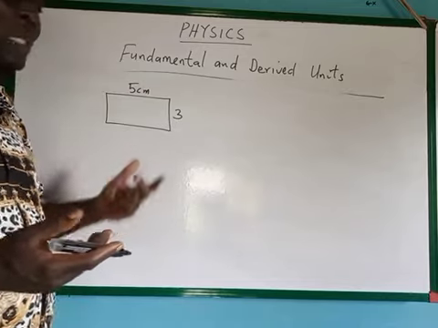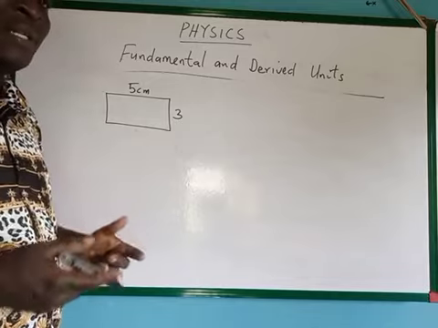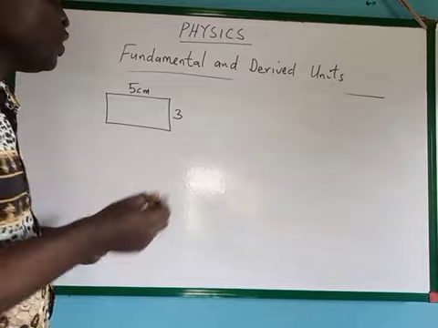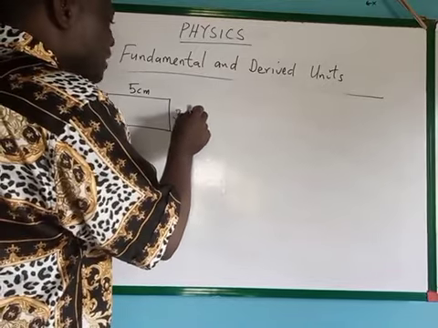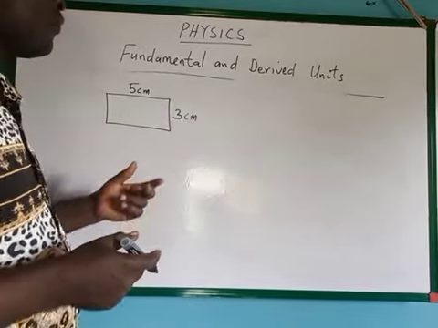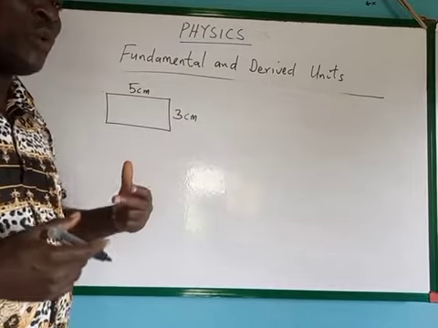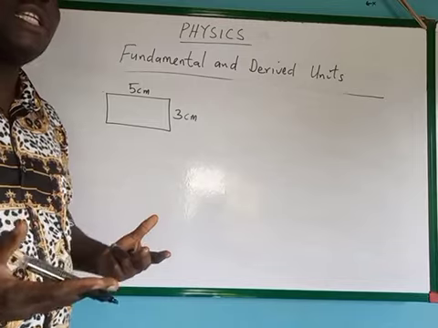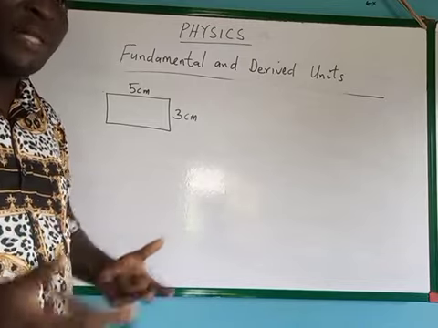The same thing goes for the breadth. If you just write 3, it will be confusing because you will not know what unit you are using. So that thing that you attach to the back of the numerical value of any measurement that you made is called the units.